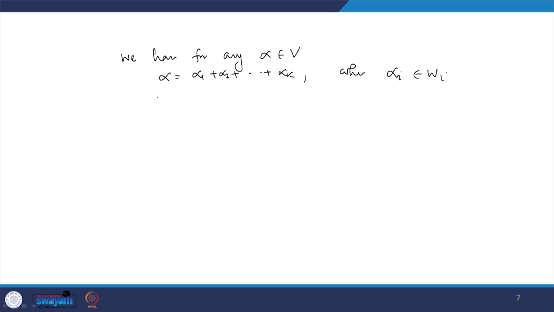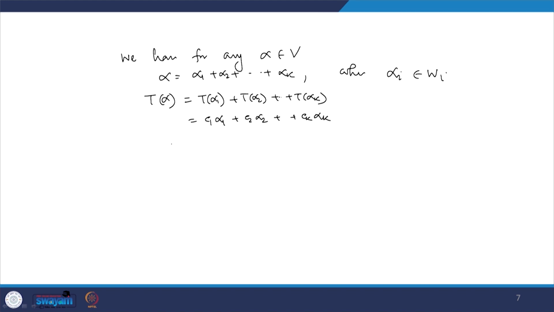So, T of alpha will be equal to T of alpha1 plus T of alpha2 plus T of alpha k. This is equal to C1 alpha1 plus C2 alpha2 plus Ck alpha k.